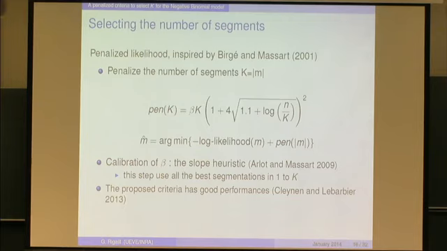And our goal is then to recover the maximum of this, which is basically we want to recover the best segmentation with respect to this penalized log likelihood criterion. And the only thing which is a bit tricky here is that we only know the shape of the penalty up to a factor, and you need to calibrate this beta using the slope heuristic, which is presented in this paper. And in practice, at least for the negative binomial model, we have good performance for that, but I will not talk too much about this.